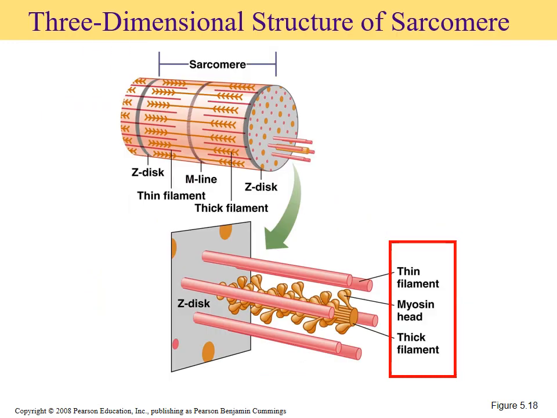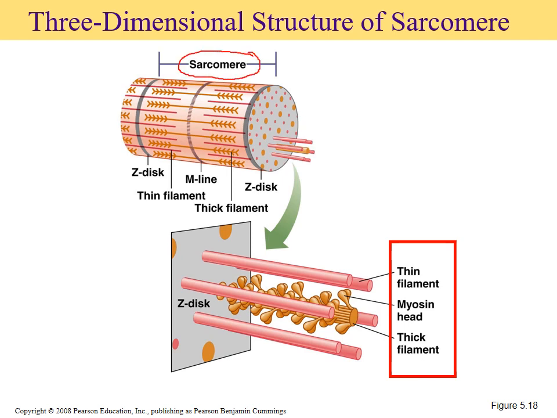Here is another example of how we can start trying to visualize how all these different components that we're chit-chatting about will work together. We're looking at more of a three-dimensional structure of the sarcomere. So this is what you would find if you were to take a sample of a muscle and zoom in, go over to the myocytes, the individual muscle cells, and just keep zooming in, and you would eventually get to your overall sarcomeres, your contractile units.